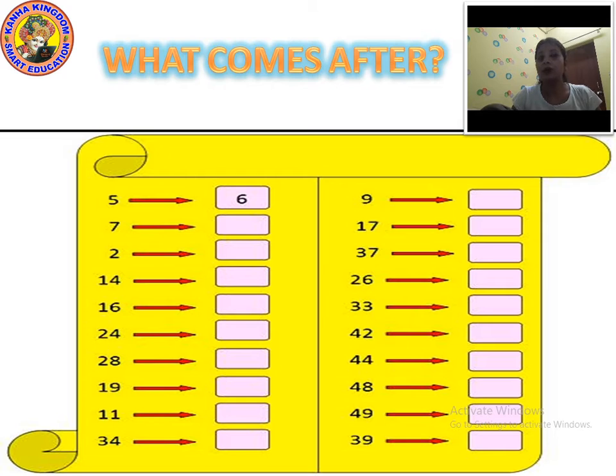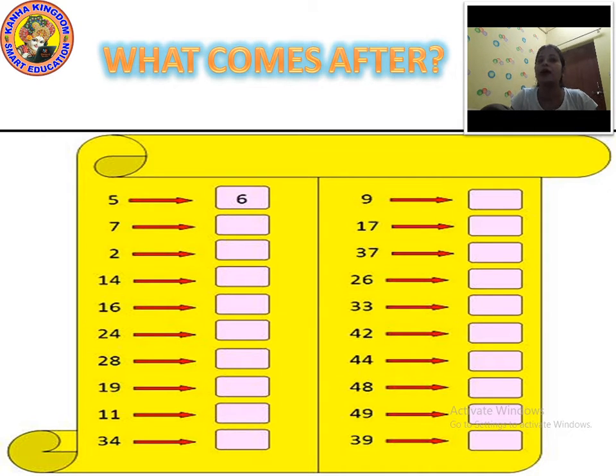Let's start counting from 11. 11, 12, 13, 14, 15, 16, 17. So after 16, which number comes? Number 17. So we will write here number 17.